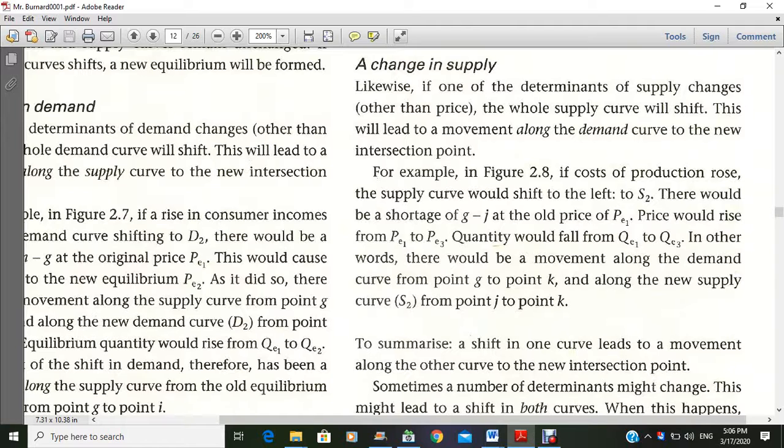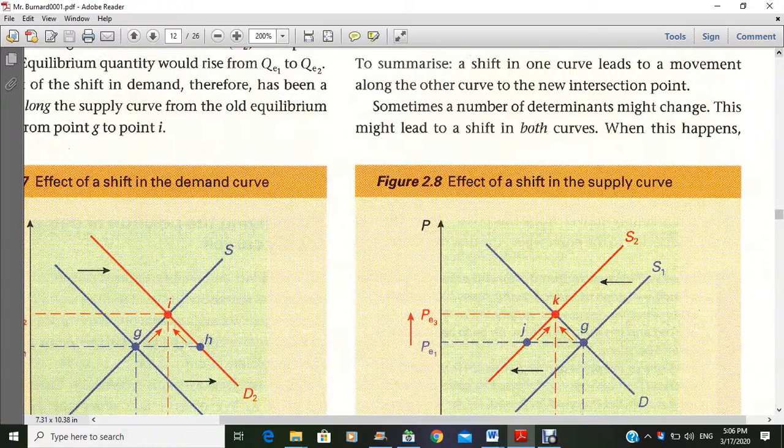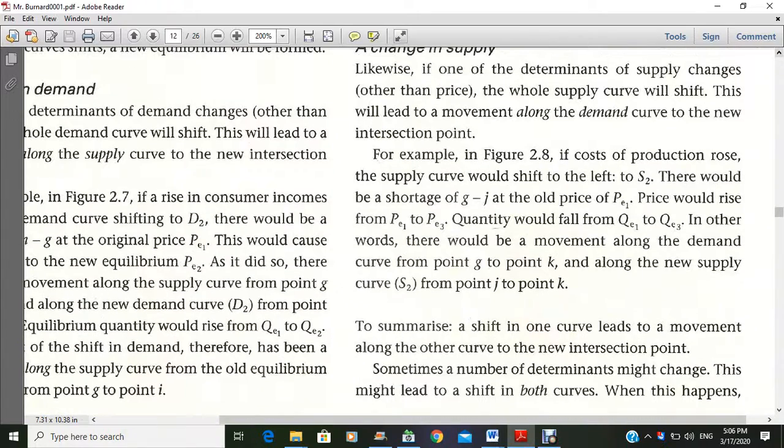There would be a shortage at the old price, which is equilibrium price 1, which is G to J. Right here. Good. Price would rise from PE1 to PE3. Quantity would fall from Q1 to Q3.